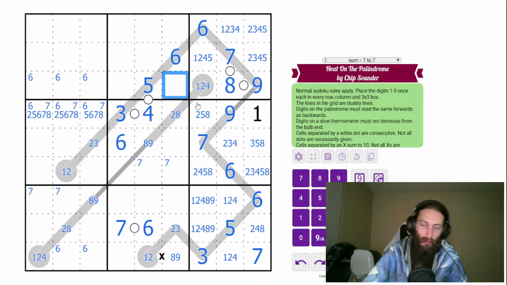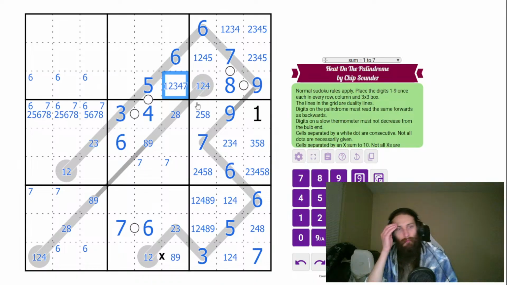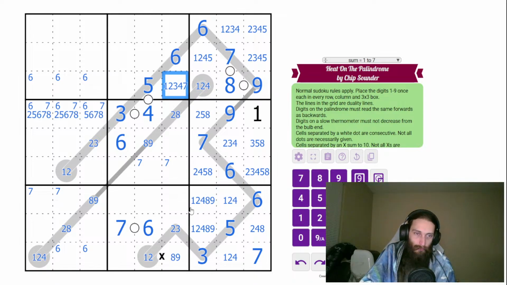Well, what can go in this cell? 5 and 6 and 8 and 9. 1, 2, 4 triples.